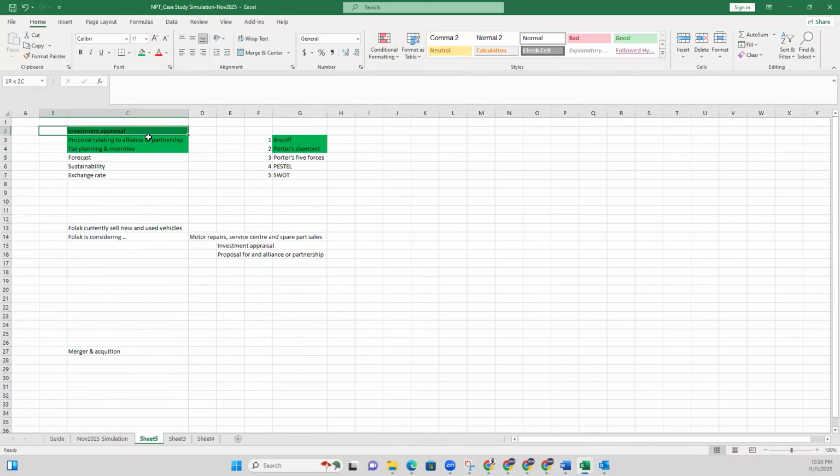And then the other, so obviously you won't have a number to work with in the investment appraisal. What I've always told students to do is to just demonstrate that they are comfortable with investment appraisal. Say, on an assumption, FULAC is considering going into repair, service center and all of those, which would require an initial outlay and cash flow for a number of years.